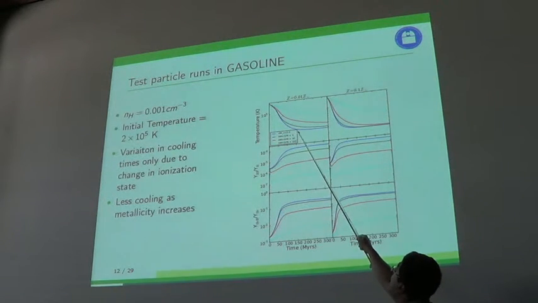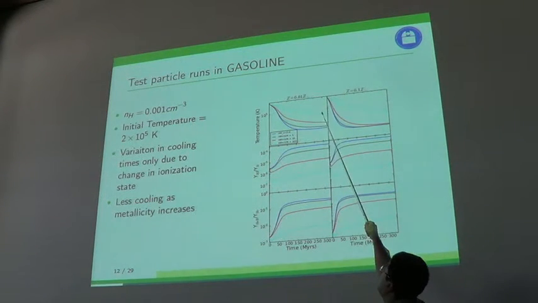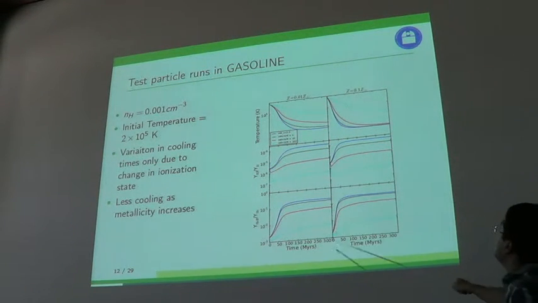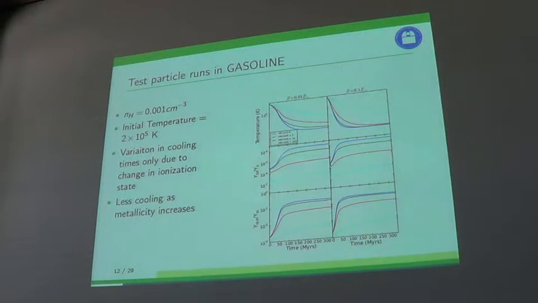Then if you have a star formation rate of 1 solar mass per year, it's the black one, then 10 solar masses, 100 solar masses. So just by increasing the radiation field, the way your gas cools is different. And of course, if you increase the metallicity, then because there are more coolants, your gas will cool faster. But you can see that just by increasing the radiation field, you can change the way your gas cools in simulations.